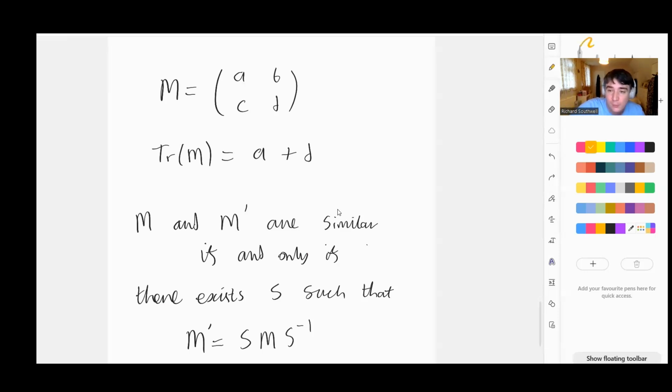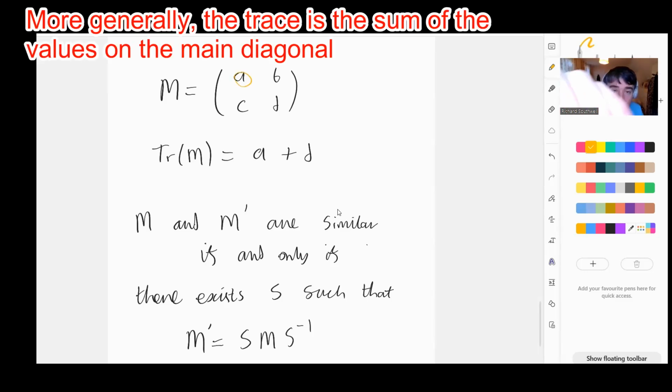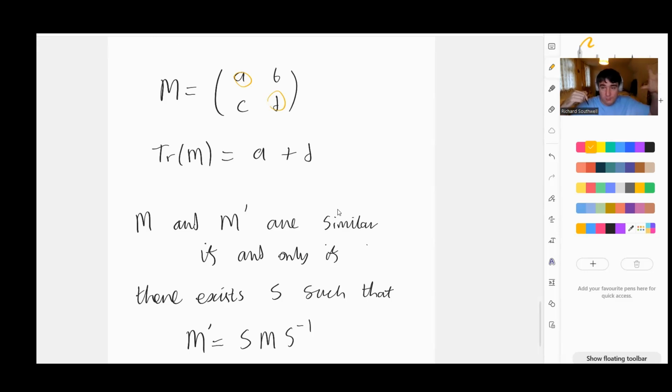So there's something called the trace of a matrix. And it's very simple. The trace of a matrix is just the top left element plus the bottom right element. So the trace of this matrix is just the number A plus D. And now it turns out that if we know the trace of the matrix and also the determinant of the matrix, which we remember is AD take away BC, well, it's really remarkable that those two numbers, in some sense, tell us up to a fairly good approximation what the behavior is of these different matrices.